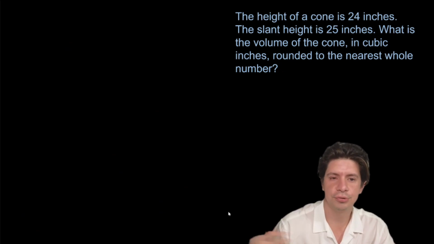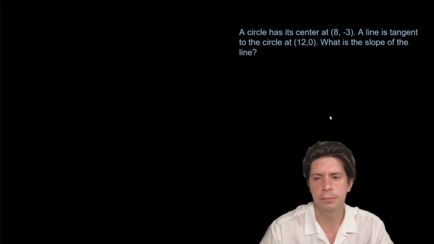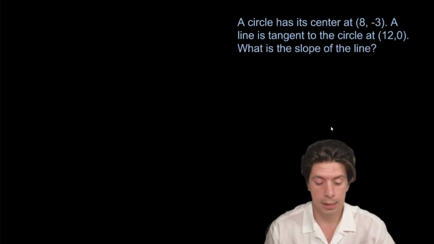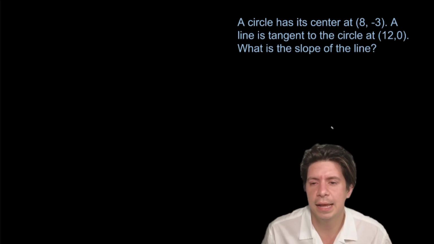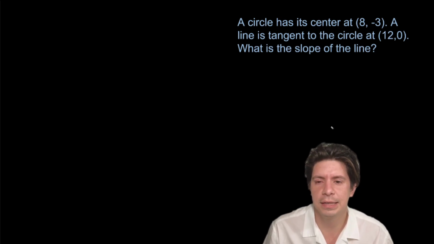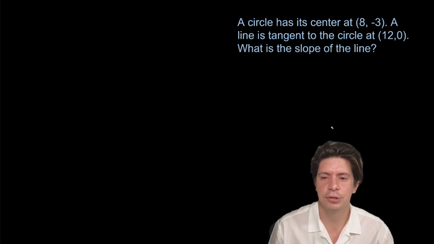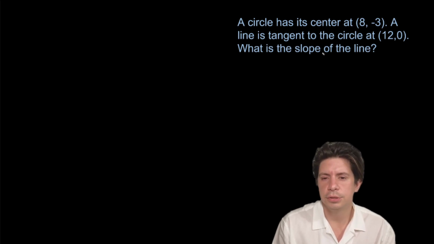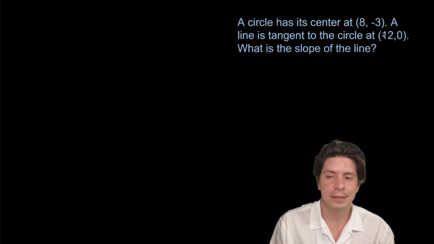So now let's try one more, and we'll be done. A circle has its center at 8, -3. A line is tangent to the circle at 12, 0. What is the slope of the line? So we have to find not the distance between these, but the slope made by these two.